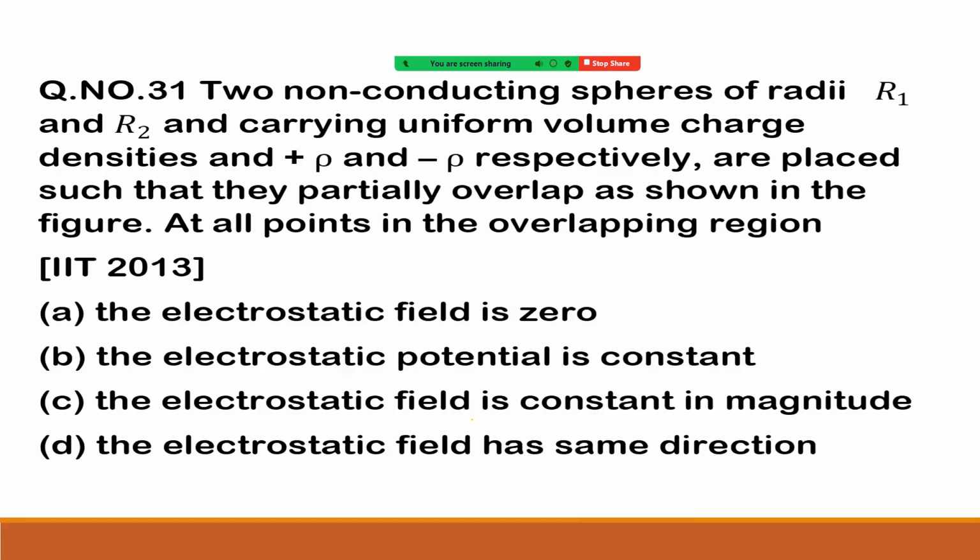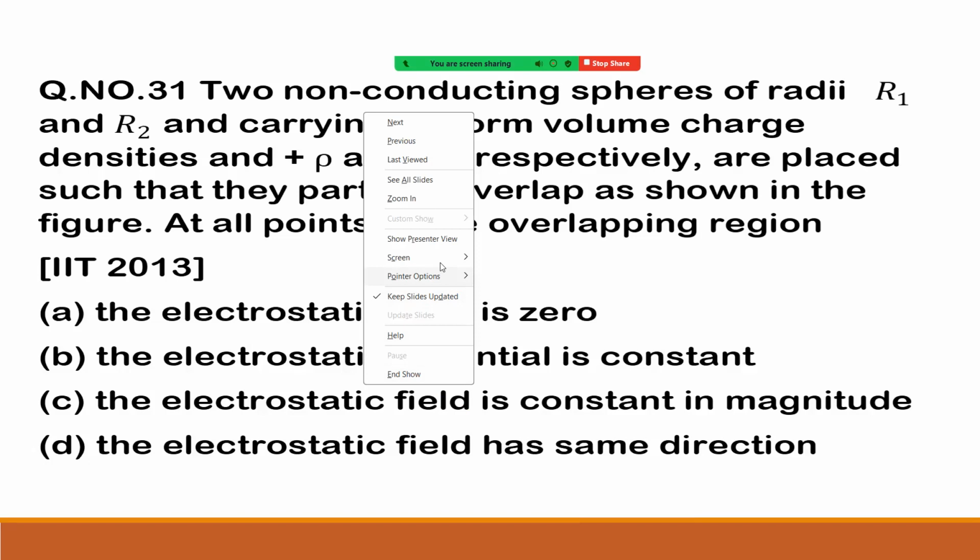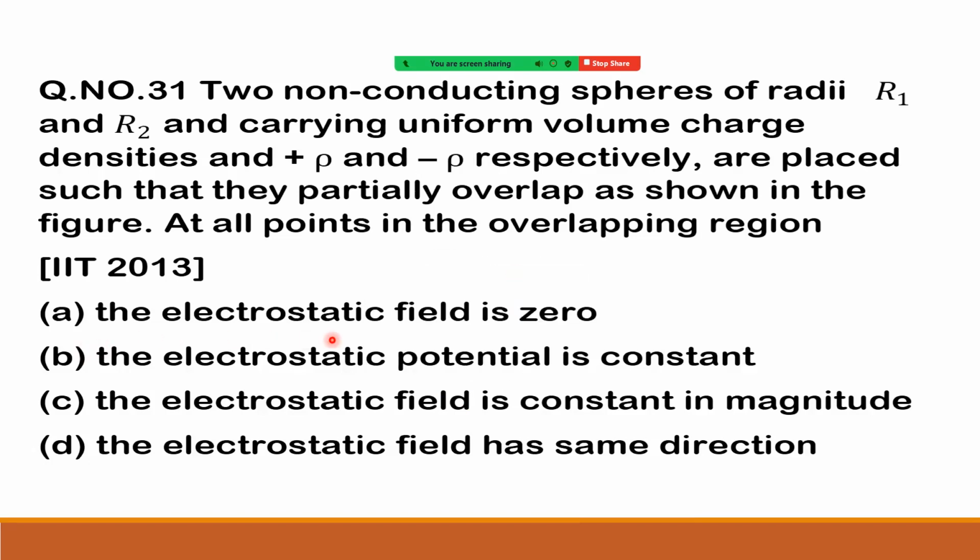See the options. The electric field is zero. That is wrong. The electrostatic potential is a constant. Here we got that the electric field is non-zero, and a non-zero electric field means the potential is changing. So option B is also not correct.